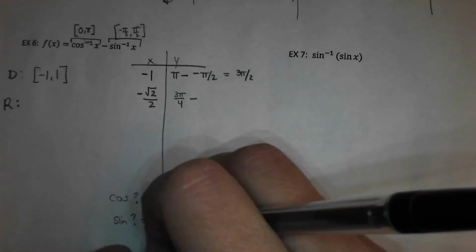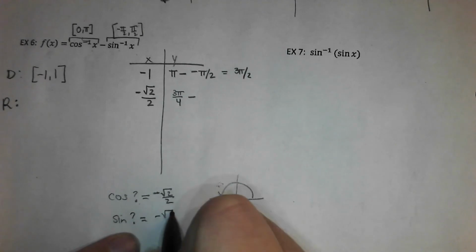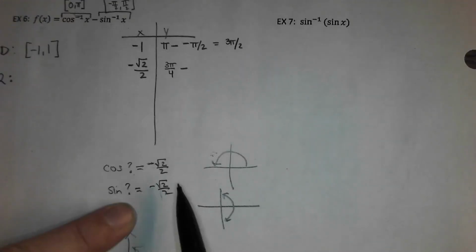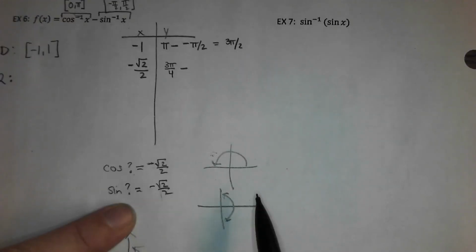Minus, we want to do the inverse sine of negative root 2 over 2. And inverse sines are limited to negative pi over 2 to pi over 2. Since it's a negative output, which quadrant are we in, 1 or 4? What's the pi over 4 version in the fourth quadrant? Pi over 4 is over here.